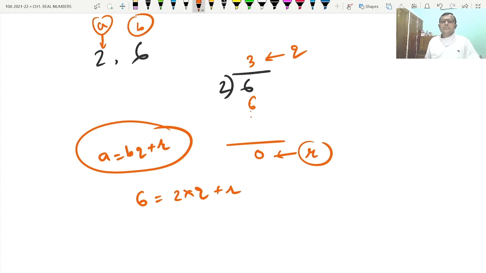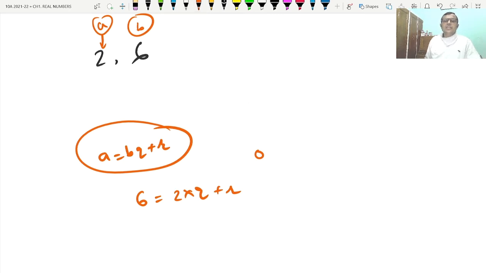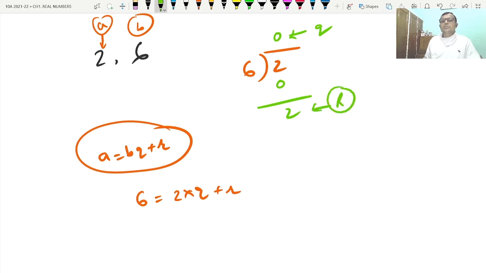Is this clear? Now conversely, if 2 is divided by 6, it will go 0 times, remainder 2. So the quotient is 0, remainder is 2.